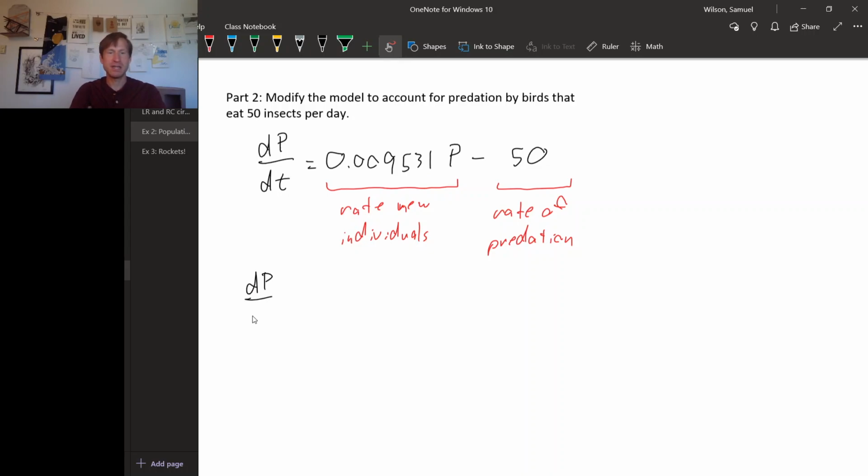So dp dt minus 0.009531 p equals negative 50. Okay, we can find our integrating factor. It turns out it's e to the minus 0.009531 times t.